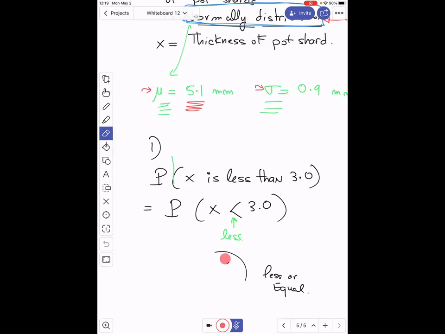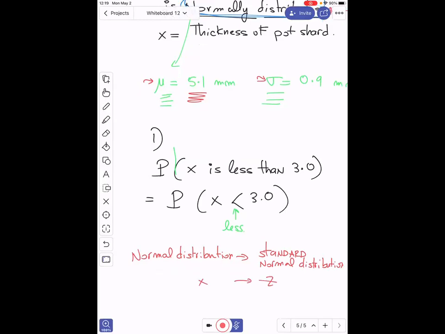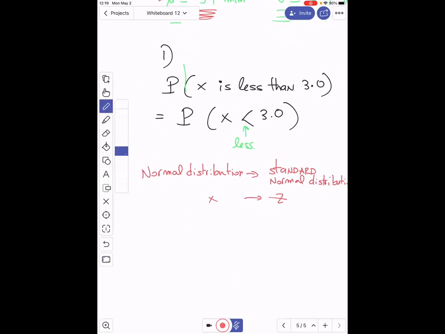All right, so that's x less than 3.0. You see a normal distribution, then you need to convert it to the standard normal distribution. In other words, you want to go from x to z. So all you have to do is convert this x to z.